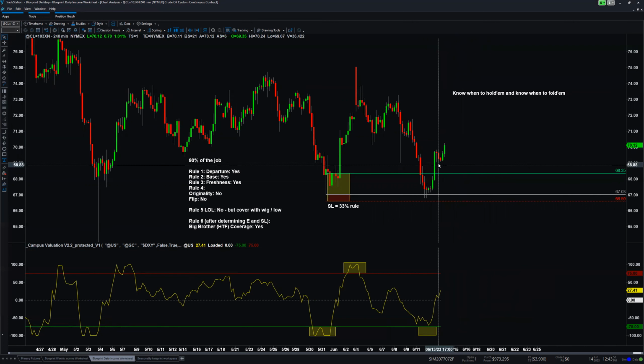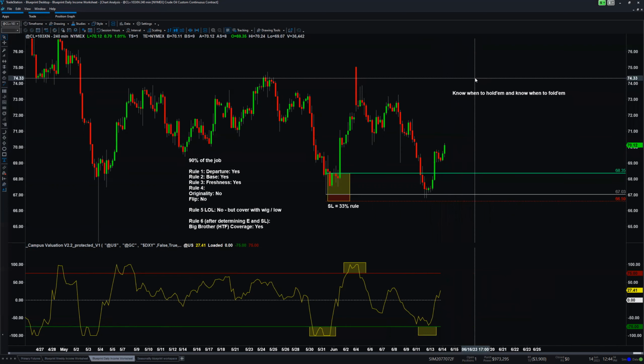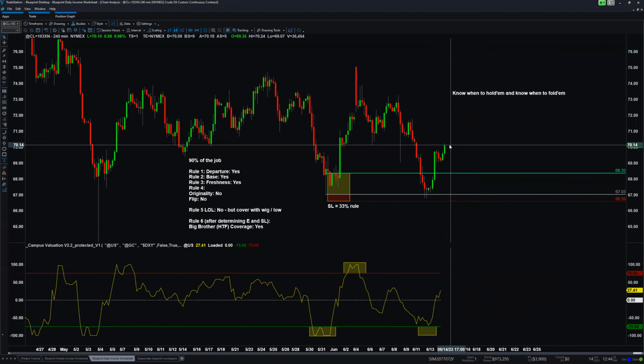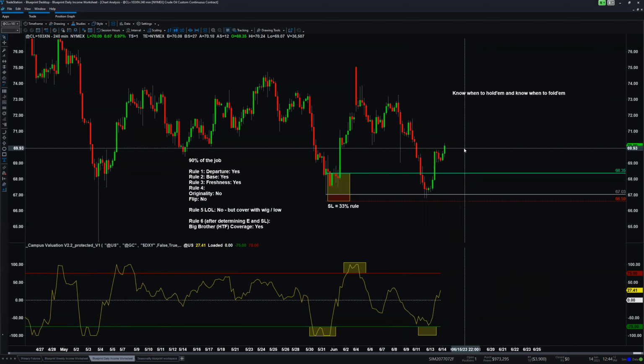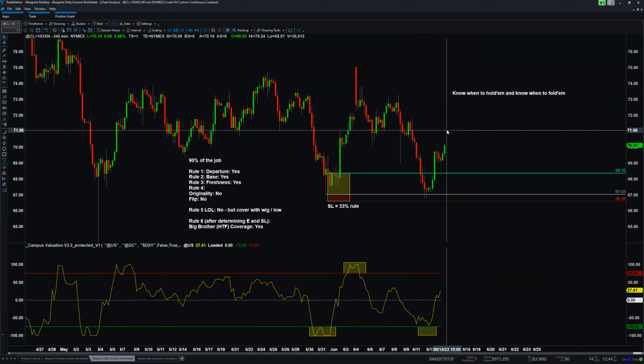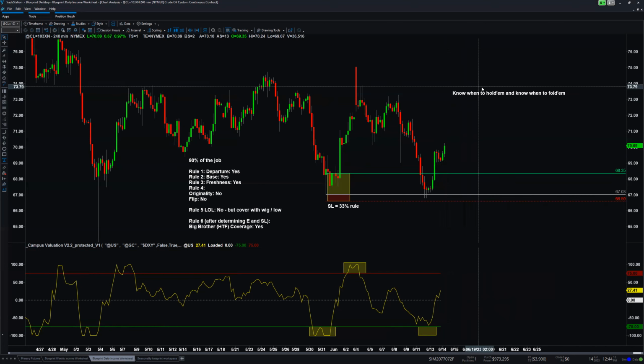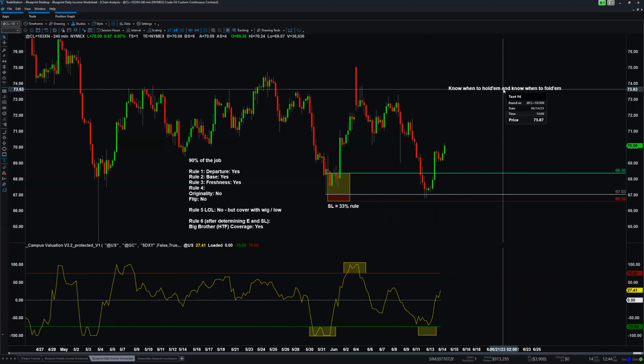However, the lower price is, it doesn't make sense for me to take profit because my upside potential is huge. So it becomes a running calculation in your head in terms of, okay, what are the risk factors? What's the corrective risk? How much monetary running profit do I have on the table versus how much upside potential is there? So know when to hold them, know when to fold them becomes a constant battle.